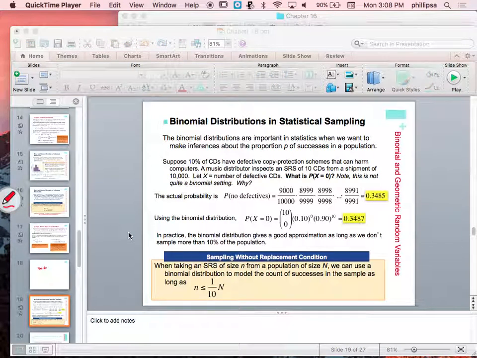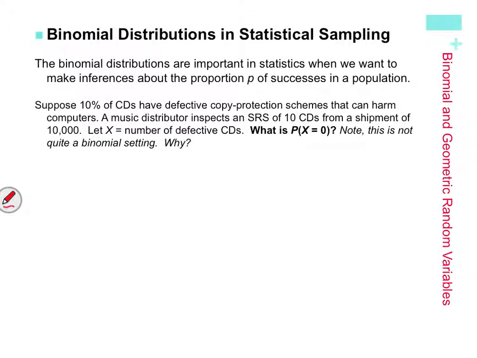Okay, so binomial distributions are important in statistics when we want to make inferences about the proportion p of successes in a population. Suppose 10% of CDs have defective copy protection schemes that can harm computers.